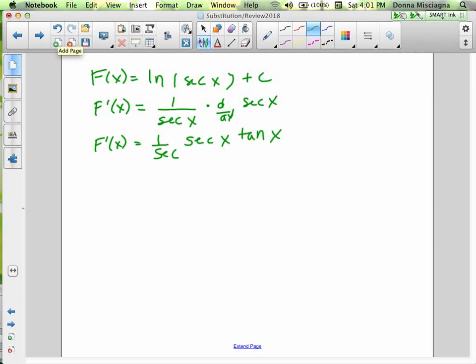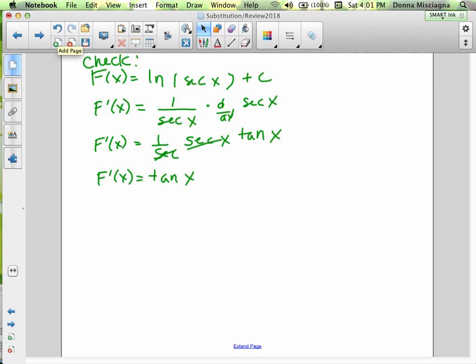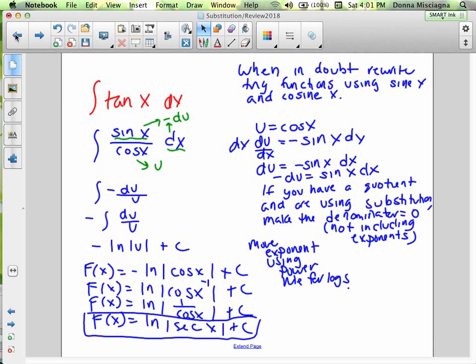Oh, look at that. The secant x's cancel. So f prime of x equals tangent x. There we go. There is the check to prove that the derivative of the integral of tangent x is natural log of secant x plus c, and the derivative of natural log secant x plus c is little old tangent x. There you go.